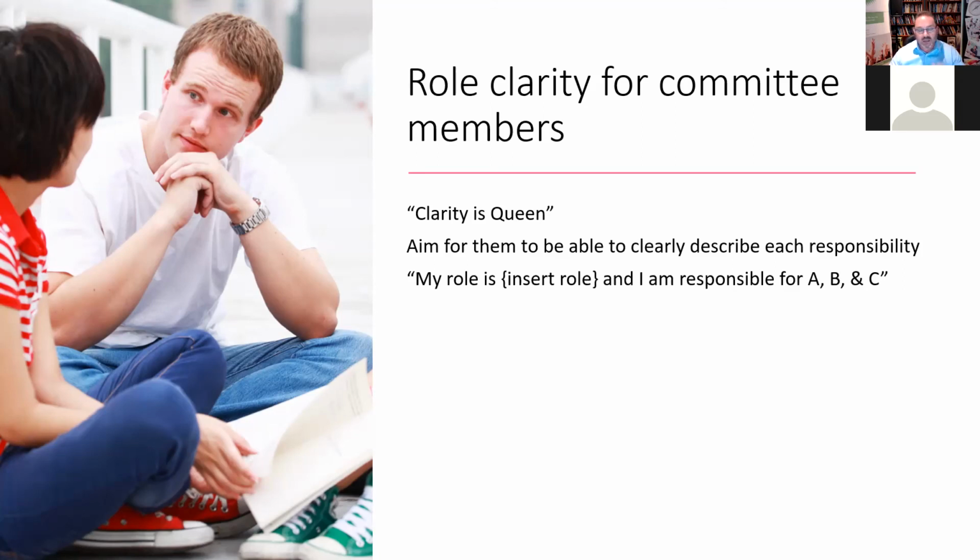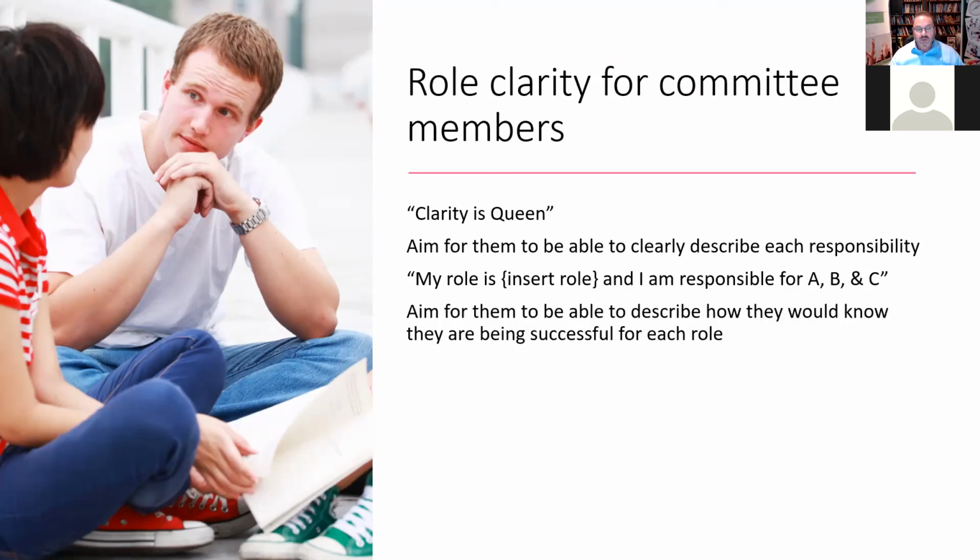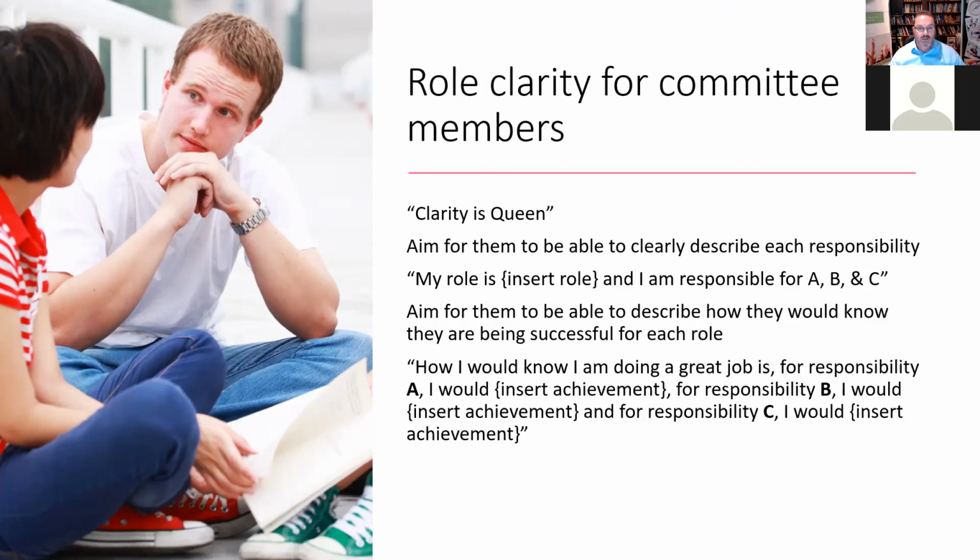Some roles in committees are going to be very, very small on many levels, but we want them to be clear. We then want them to be able to describe how they would know they're being successful for each of those responsibilities in their role. So how I would know I'm doing a great job is, for responsibility A, I would insert what the achievement is.